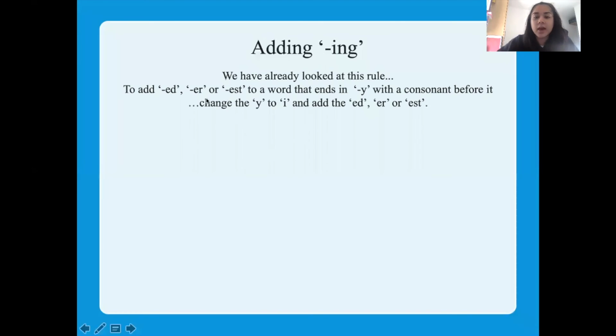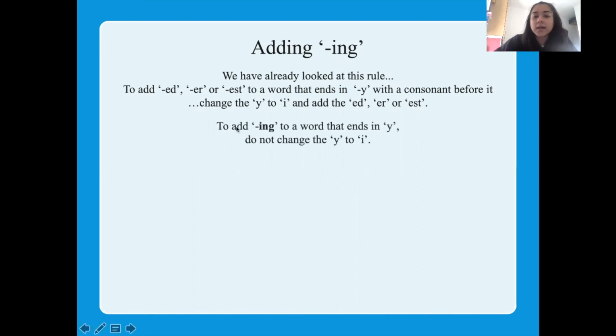Okay, so let's have a look at adding ing. We've already looked at this rule. So to add ed, er, or est, just like we did last week, to words that end in y with a consonant before it, changes. All that happens is the y changes to an I, and you add your suffix ed, er, or est at the end.